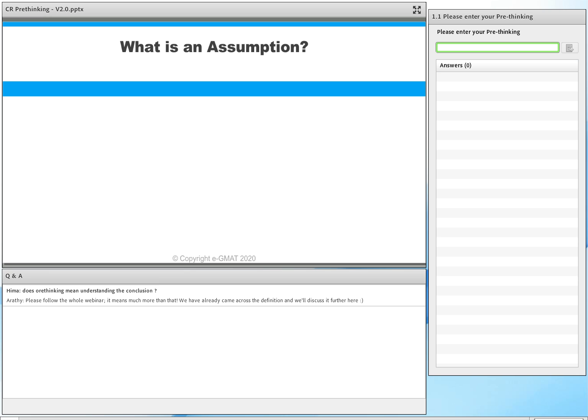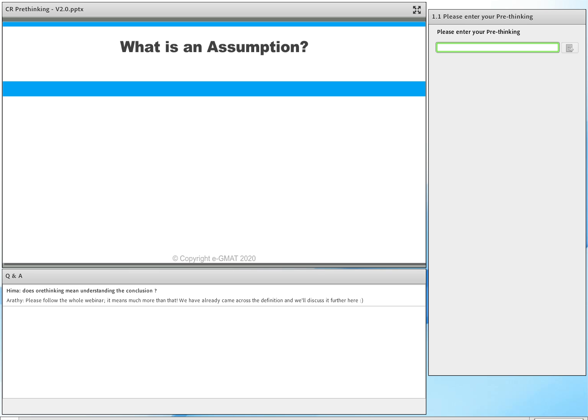So tell me, what is an assumption? I'm going to remove broadcast results, so you're not going to see what you're entering, but trust me, the information is coming through. Once I broadcast results, you're going to be able to see what others have written. The question is, what is an assumption?